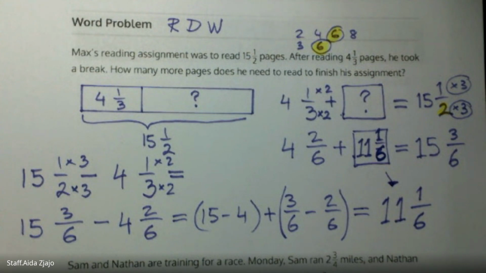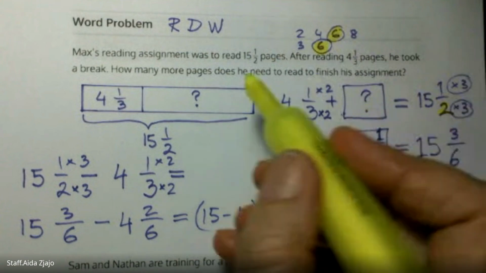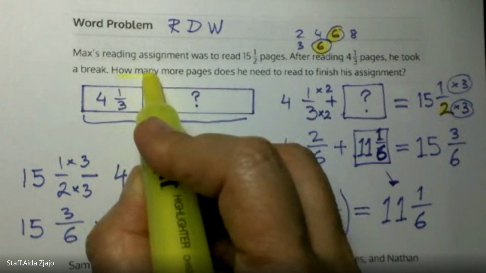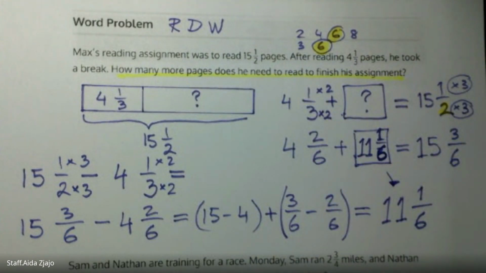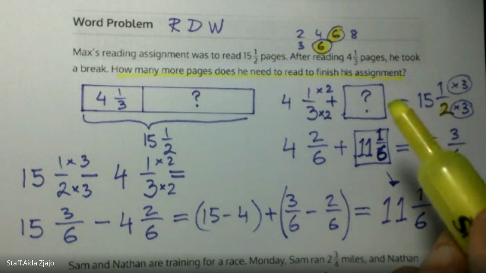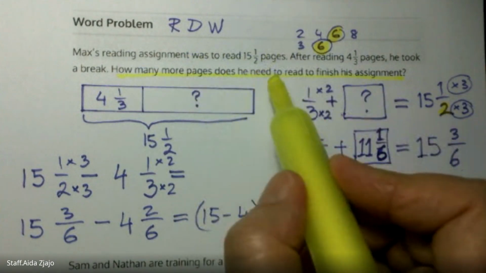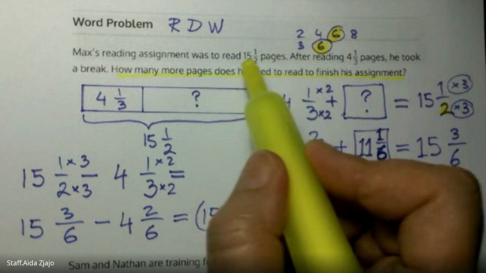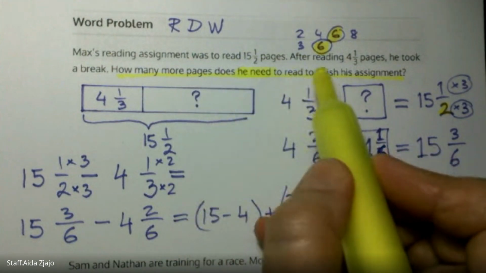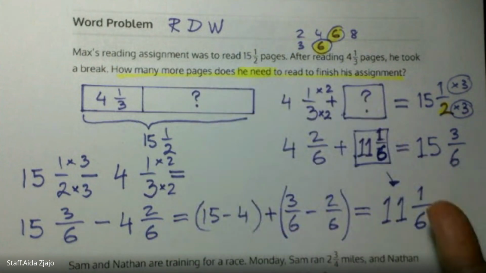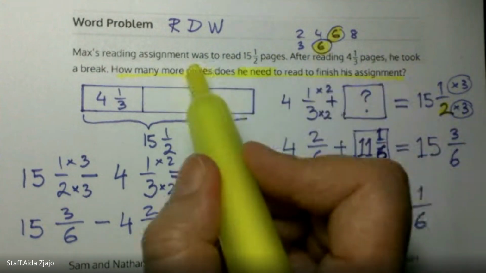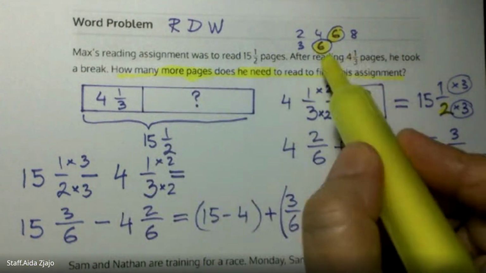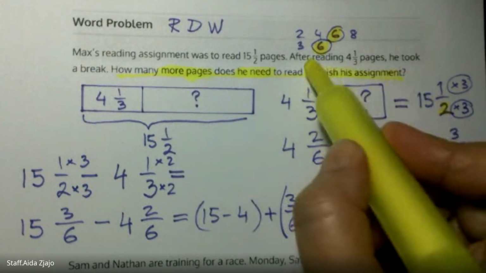So now we need to go back and answer in words. We could use the language from the question to answer. How many more pages does he need to read? So he needs 11 and 1/6 more pages to finish his assignment.